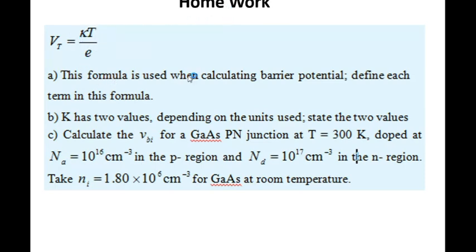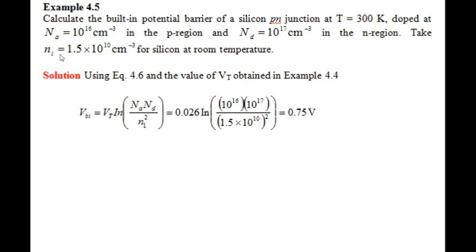So you are given the homework questions. You are given this formula, then you are being asked to define each term. So this is an easy question. You know what K is, what T is, what E is. You also know what VT is.